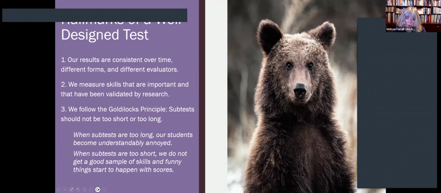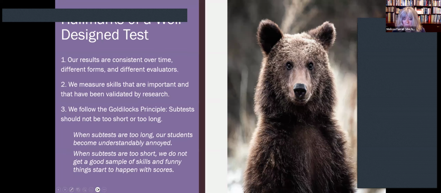If I'm administering the Wechsler intelligence scales, there is research that allows me to draw certain conclusions about the nature of intelligence in the particular student we're working with. I can't, for example, measure the circumference of my head and say that it's a valid measure of intelligence. So test publishers must provide research that says this test actually does what we say it does.